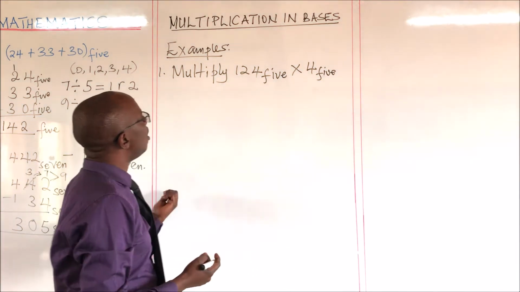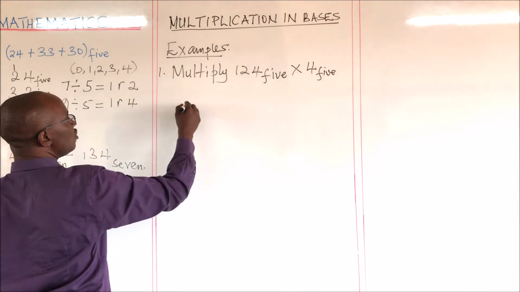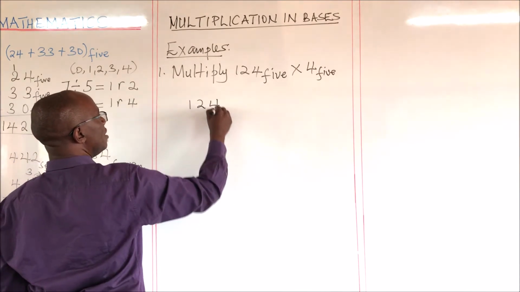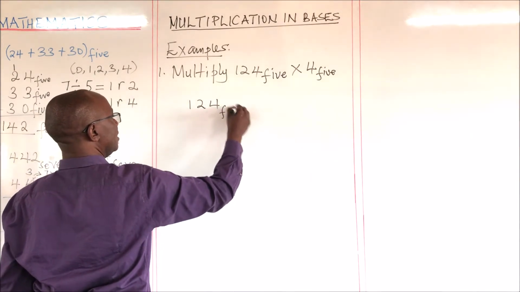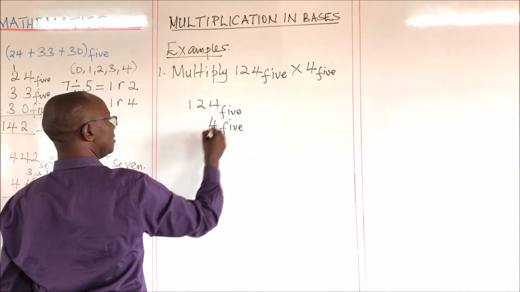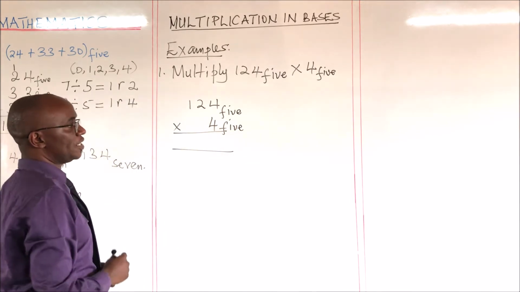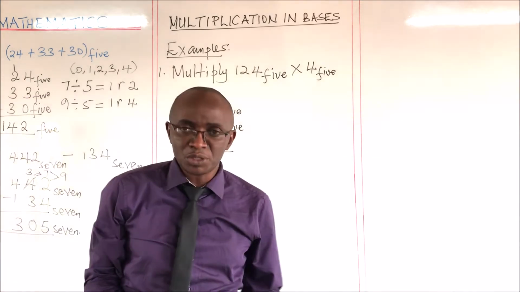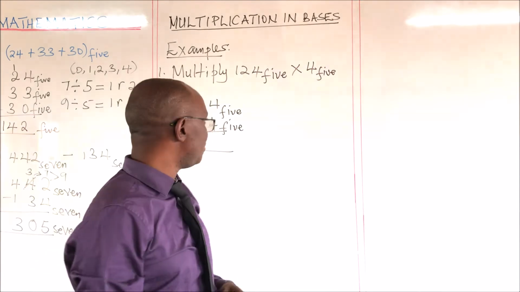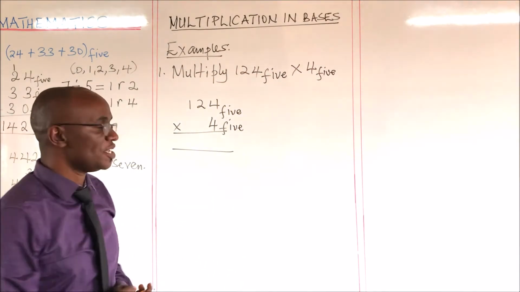Okay, now what do we do here? You arrange vertically. So that is going to be 1, 2, 4, the base is 5, times 4, still the base is 5. So you multiply. We already know how to multiply, but this is base 5, and your answer must be in base 5.